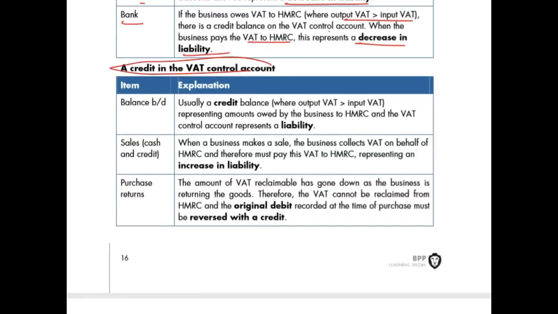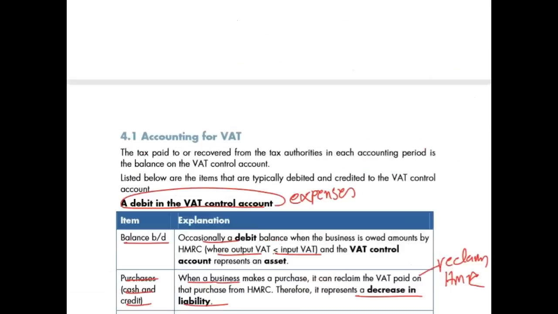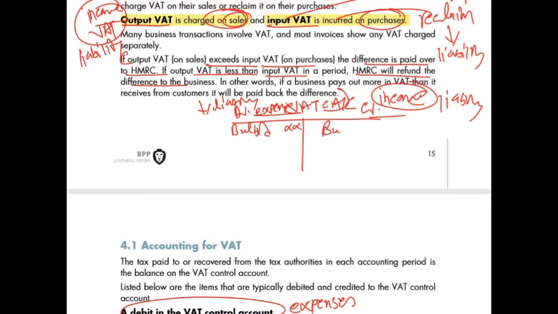What is the credit side of the VAT? I said this is the income, business income, that increases your liability. Balance BD is the normal credit side VAT. Start with balance BD here, and purchases here, sales return here, and then discount allowed.